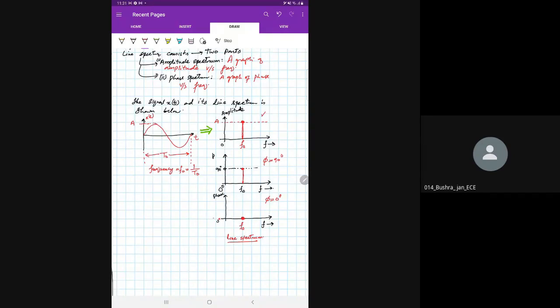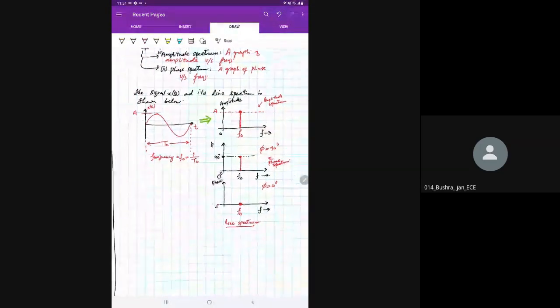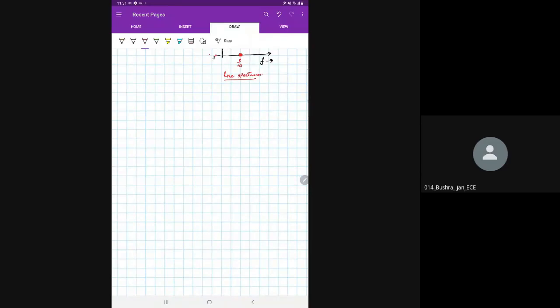So this is the amplitude spectrum. This is the phase spectrum.